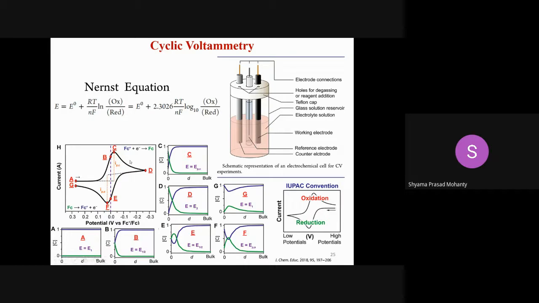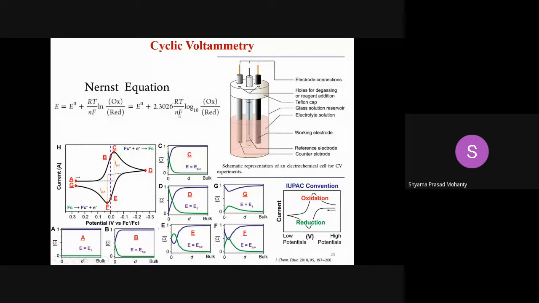Here you can see ferrocene, which is reduced and then oxidized. Upon reduction, what happens, we will make the potential negative. So the concentration of the species near the surface of the electrode will change, and the concentration will depend on this Nernst equation.